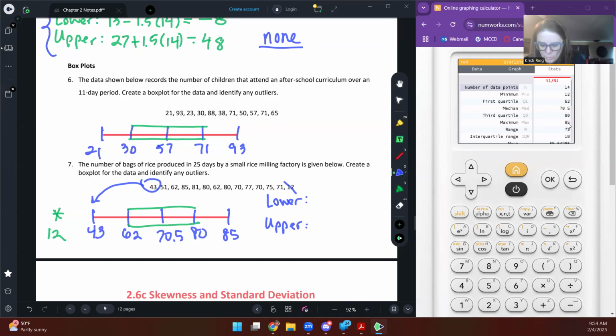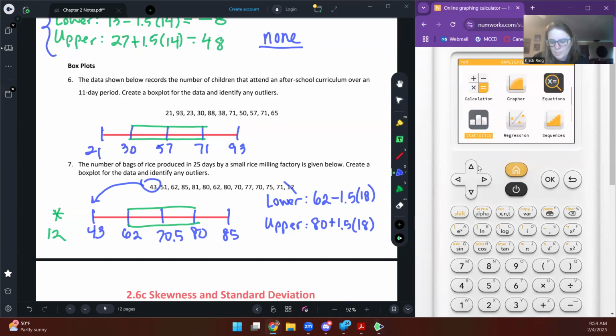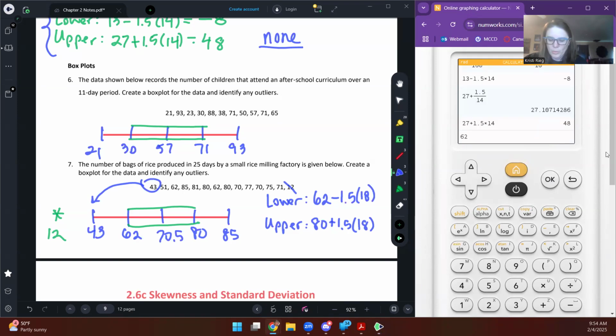It says quartile 1 is 62, quartile 3 is 80, and then I need to do plus and minus 1.5 times the IQR, and in this example, the IQR is 18. So I go back to calculation, and I have 62 minus 1.5 times 18, and I see that it is 35.